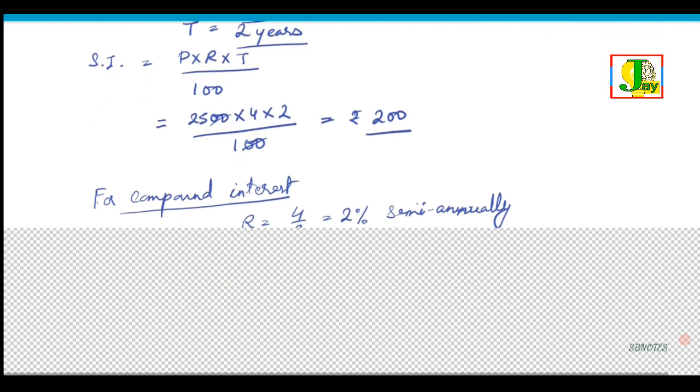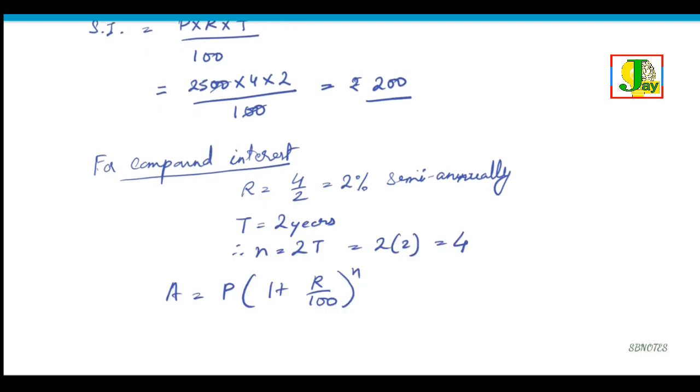Now let us see compound interest. Okay, R compounded semi-annually, therefore 2%. Time is 2 years, so how many half years will there be? There will be 4 half years, or n equals 2 into t, that is 4.